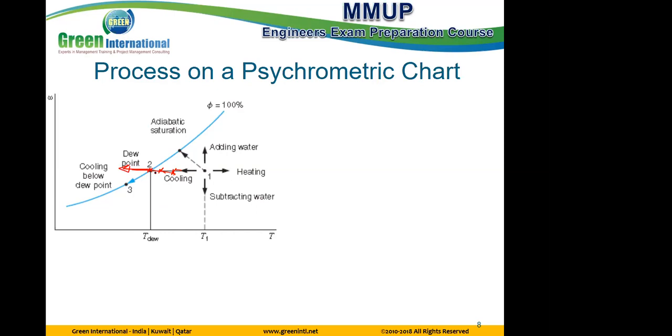No, it will not. When you reach relative humidity 100%, it will follow the saturation line. So if you continue more cooling, you are going along the saturation line itself. And what happens? Condensation. Condensation during the cooling process. This is the reason for condensation during the cooling process.